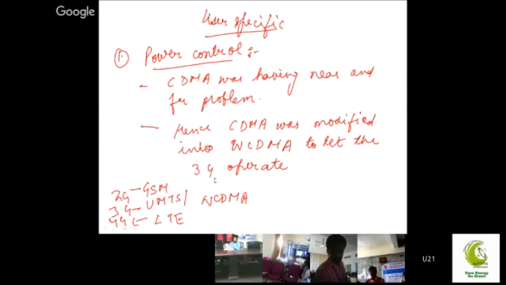If you click on WCDMA, then your phone will be catching only the 3G signal and you will be working on the 3G network.